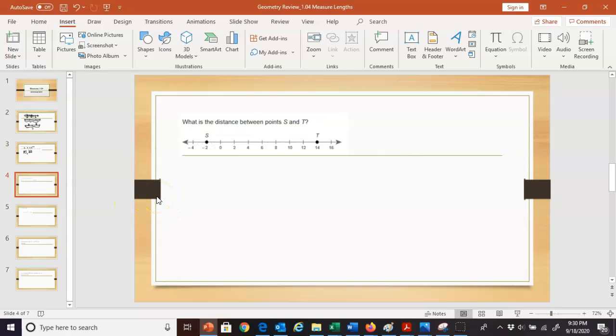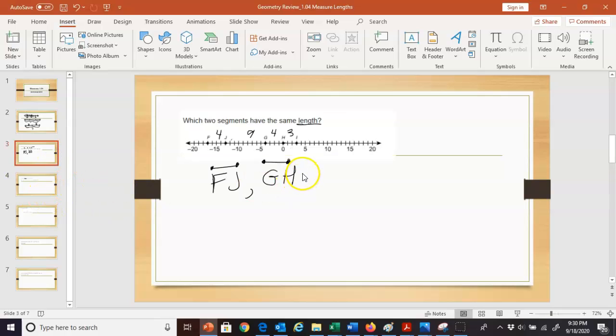All right, here's the next kind of question. Again, this one is asking about distance, the distance between S and T. The one thing you want to be really careful about is looking at the scale of the given number line. Let me go back real quick. This one, I didn't even point that out, but they were going by 1, right? Units of 1.